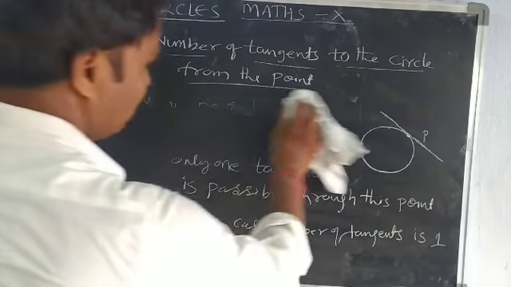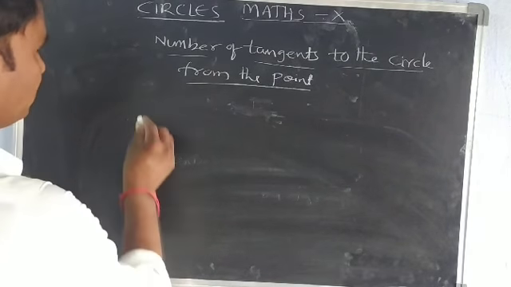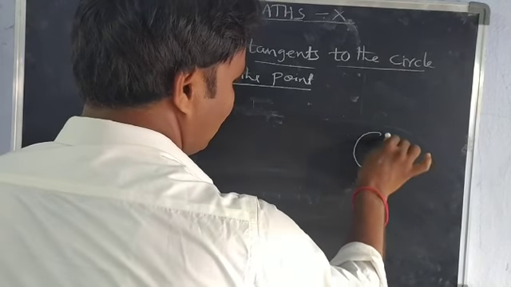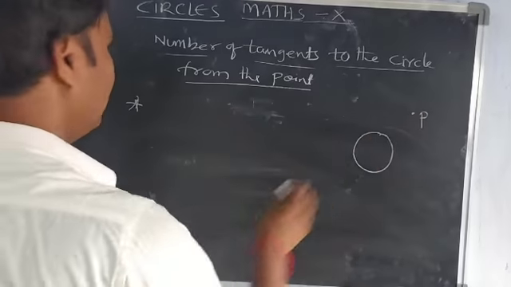Okay. Now third case. Case 3. Here I am taking a circle. I am taking one point lying outside the circle.